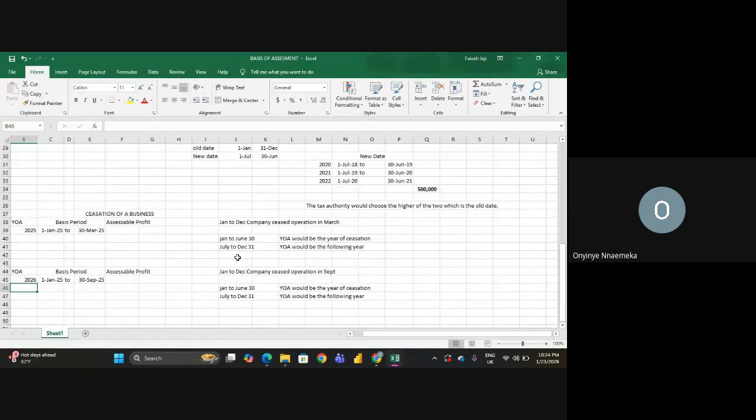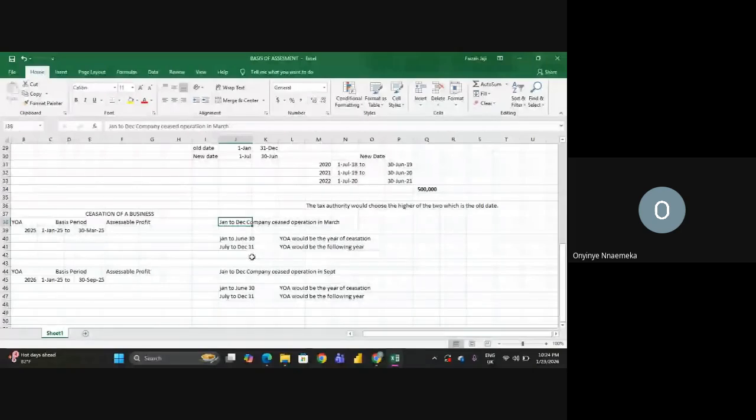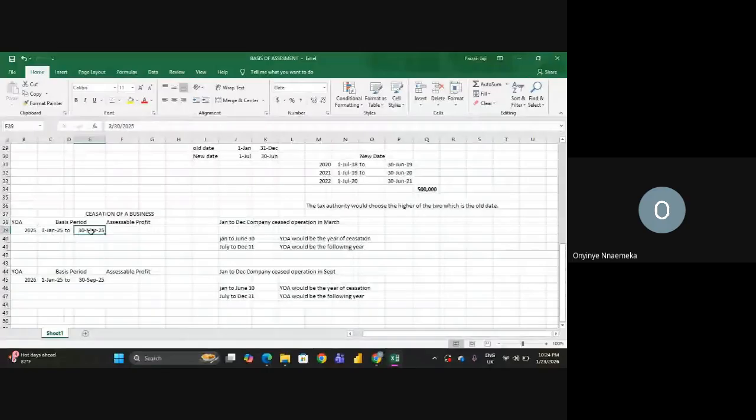So now if you follow this date, follow the rule that says beginning of accounting date to cessation, which is January to March. Now, the rule says that the year that they will pay the tax will dictate the year of assessment, right? Which is normal because that's what the year of assessment is. If they will pay the tax in that 2025 that they cease business, that same 2025 is what you write here. It becomes an actual year basis, right?